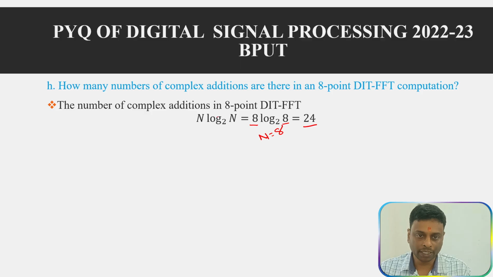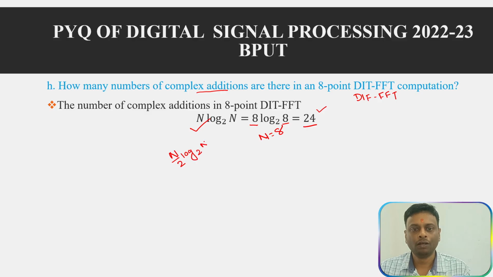The question asks for only the complex additions. This formula is the same whether we are doing DIF-FFT or DIT-FFT. If the question asks for complex multiplications, that will be N by 2 log2 N, so it will be divided by 2.